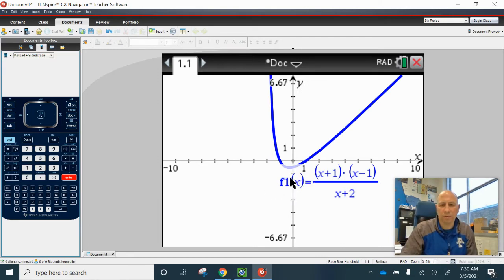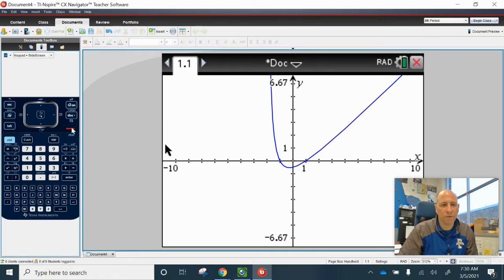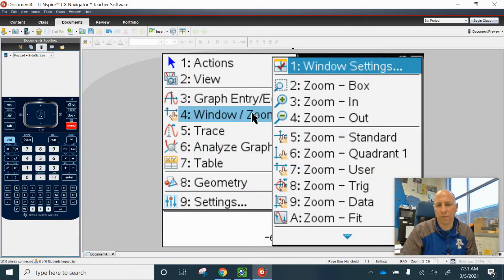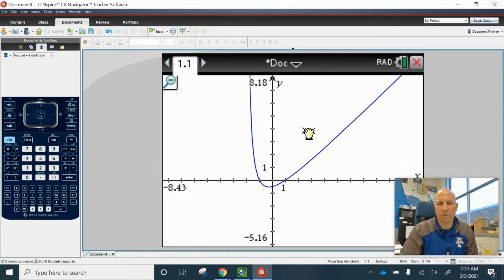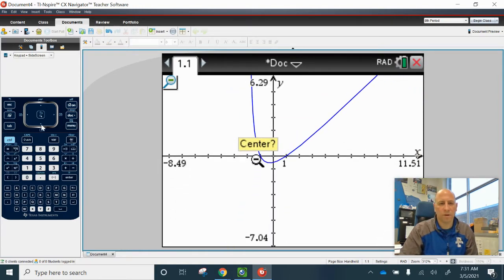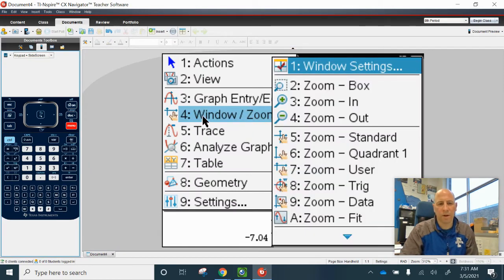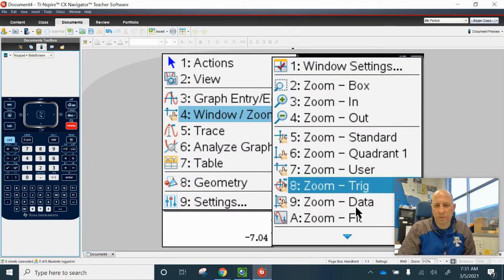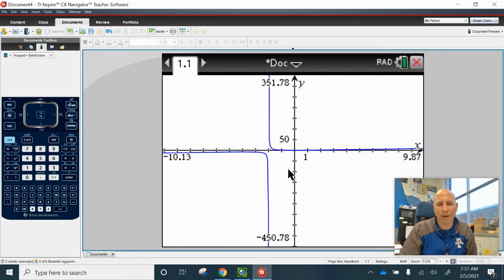Okay, and what you might have to do is go to Menu, Window Zoom, zoom out. Now, if that didn't work, then we can go to Menu, Window, Zoom Fit. Now, you can see that that really doesn't help you, right? So in this case, the Inspire really doesn't work.